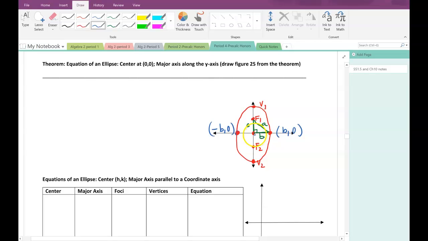Now again, remember, from the center to this vertex is totally not drawn to scale based on this letter A. But that is going to be 0, negative A, the same A distance as this guy. Okay, just be very, very mindful. I know I'm not drawing it to scale, but that A value is the same A value from the hypotenuse of your triangle. Then up here, this vertex number 1 is going to be 0, A.